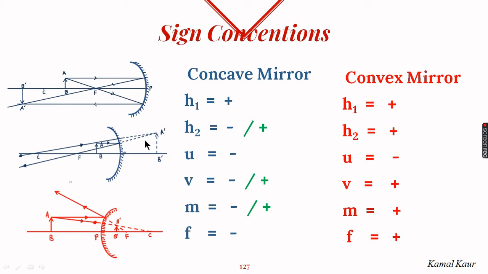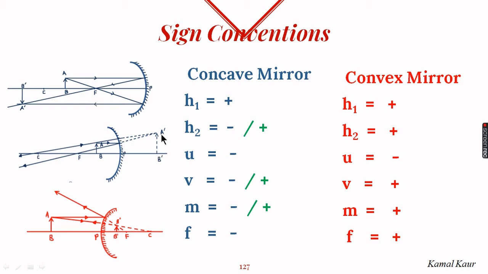Now for the condition when the image is virtual and erect: the height of the object above the principal axis is positive. The height of the image above the principal axis is positive. u is always towards the left, so it is always negative. In this case, v is towards the right of the mirror, so it will be positive.